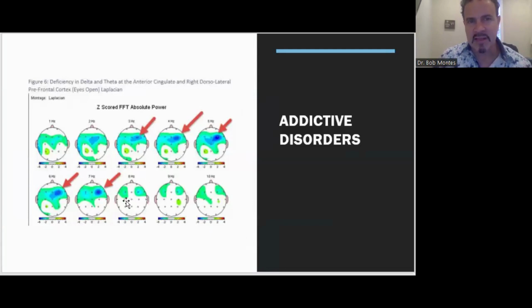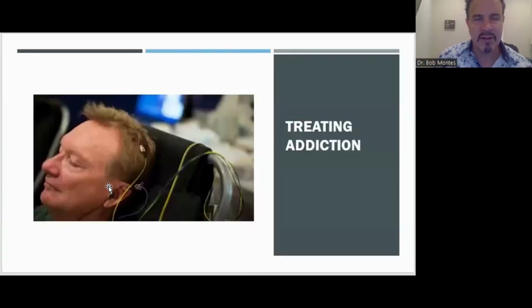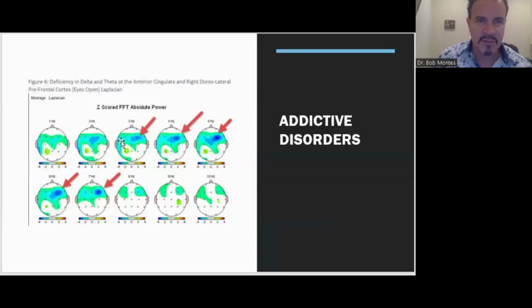Here's a sample of addictive disorders where the lower frequencies, the delta and the theta waves, are showing some difficulties in that frontal area. So we often use what we call a stimulation therapy in those very deep areas that are showing those spots. So we'll lay something very gently right here, and then we'll teach that part of the brain to stop functioning in its addictive manner.